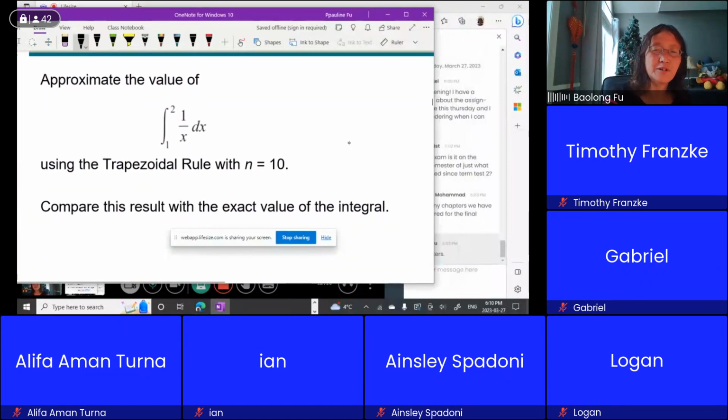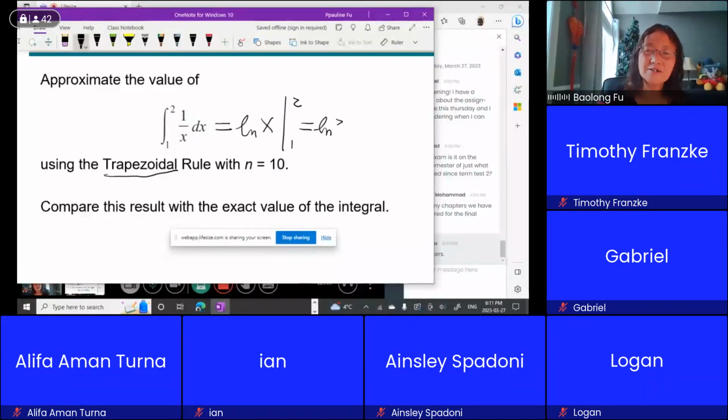Approximate the integral from 1 to 2 of 1 over x, using the trapezoid rule. If some student says, okay, I can find the antiderivative of 1 over x. Yes, for this function you could. So for example, this is actually ln x, from 1 to 2, and equals ln 2 minus ln 1.